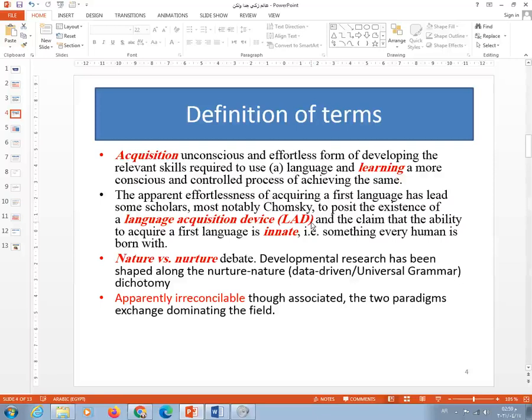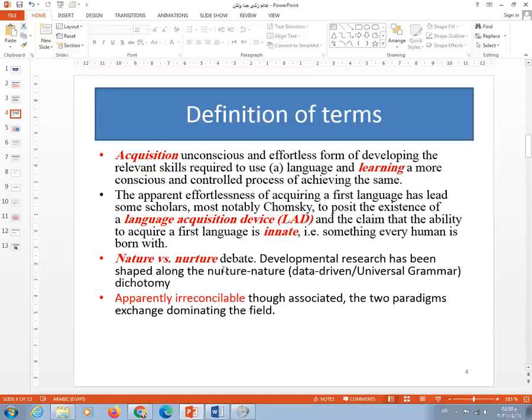As far as first language acquisition, there has been a conflict, or a war actually, between two paradigms. The first one is nature, and the second is nurture.